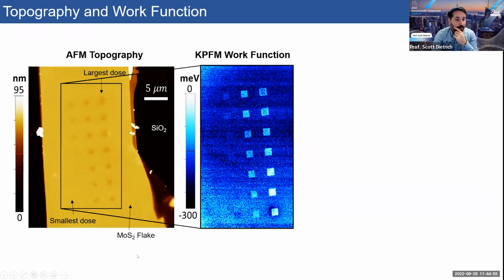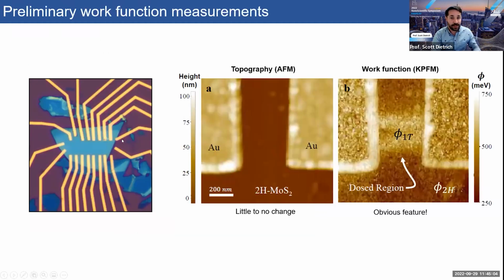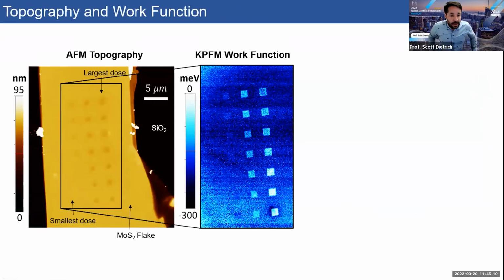And we saw a couple of interesting things right away. One is that, in contrast to this slide here, there was a slight variation in the height profile, the topography, in our dosed regions, which we didn't expect at all.